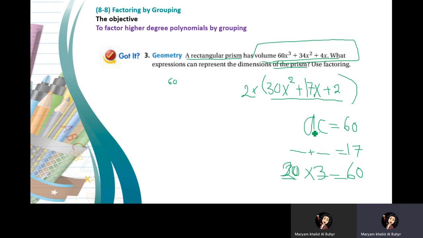I need to try many numbers to get this answer. If I had subtraction it would be great, but I don't have subtraction. We can also think about 15 and 4 and 2. So 15 and 2, once we multiply them, we will get 30, so that's still wrong.